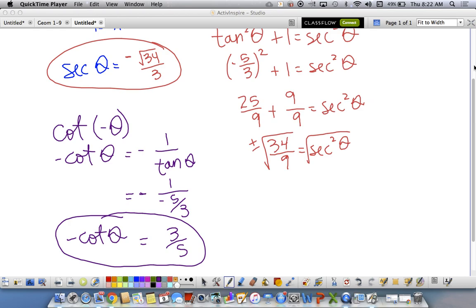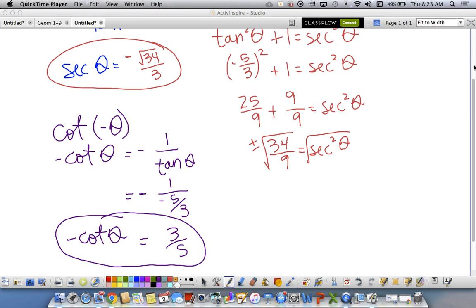No, it's negative. Okay. But then when we want the negative angle identity, it means we want the opposite of that. So we're going to change the sign. So cotangent, yes, in the second quadrant is negative. But when I want the opposite of that, it's going to be positive. Because really they flipped it to the bottom to be in the third quadrant.